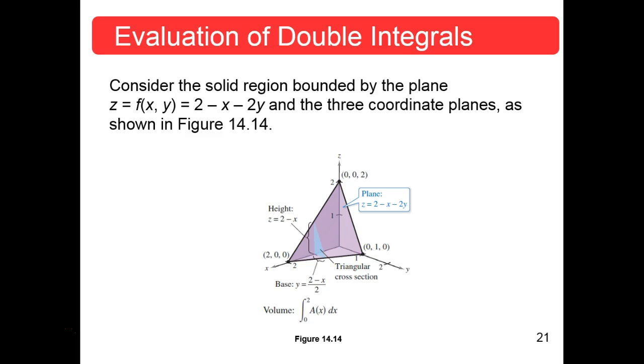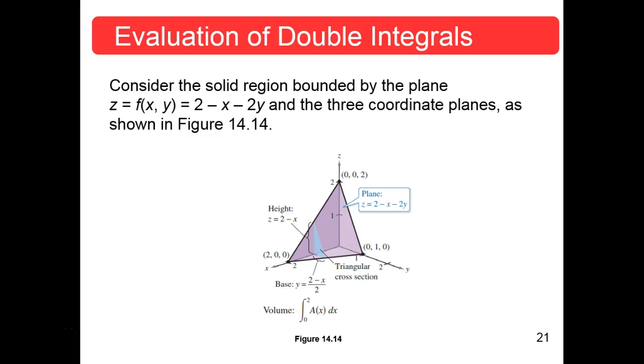The base of that little triangle is going to be the portion here. Your y value here is going from 0 to some value right here.